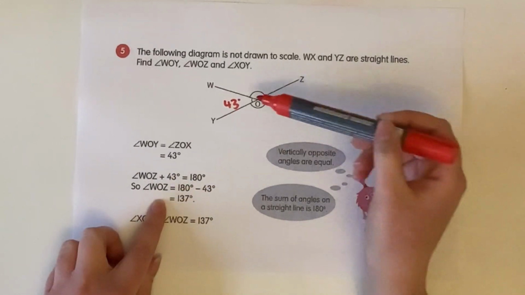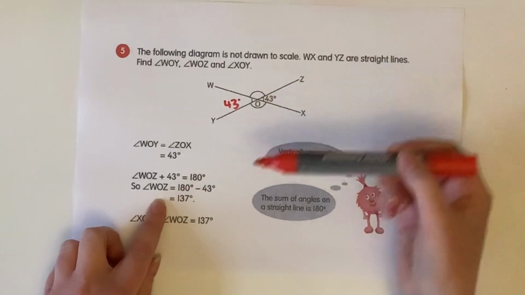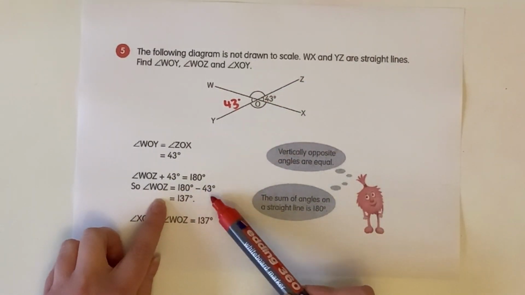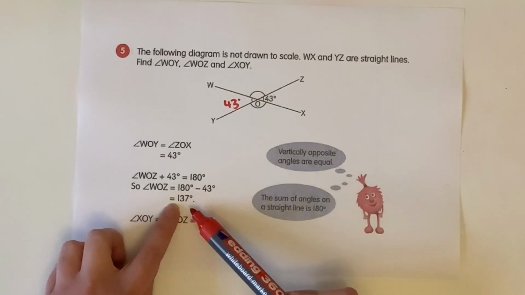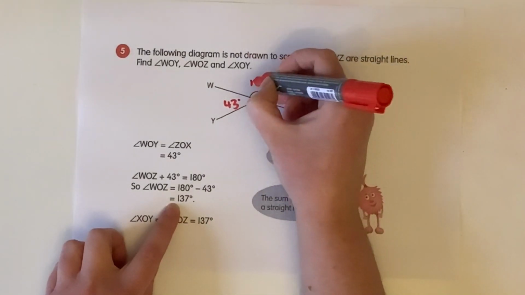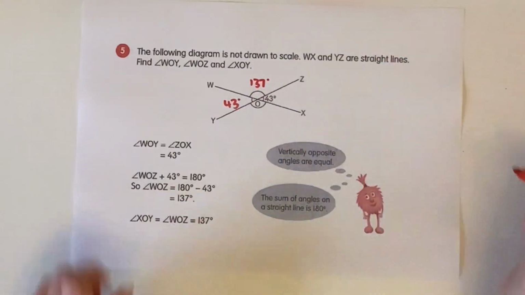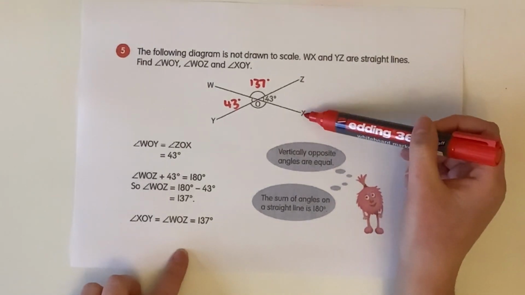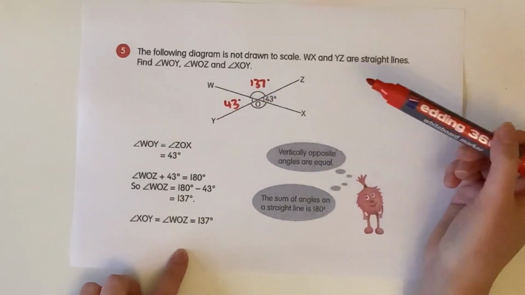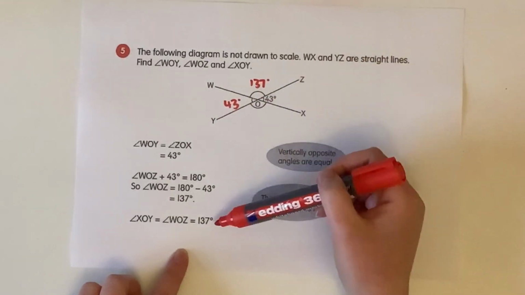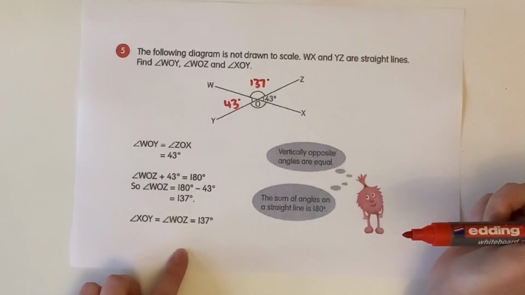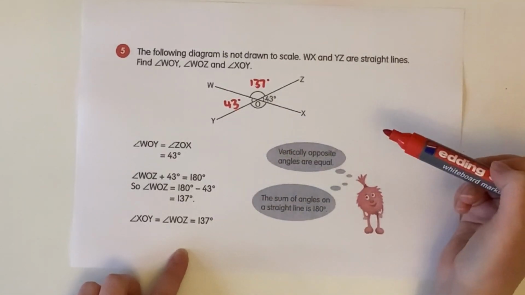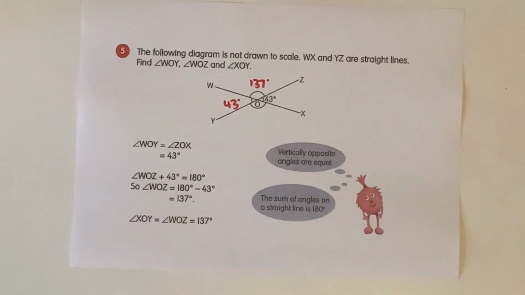So to work out this angle, I'm going to do 180 subtract 43 degrees, which gives me 137 degrees. And because once again they're vertically opposite, I therefore know that XOY angle is the same, so is 137 degrees. So we're applying our knowledge of angles on straight lines to help us work this out.